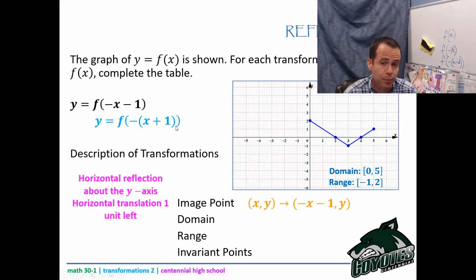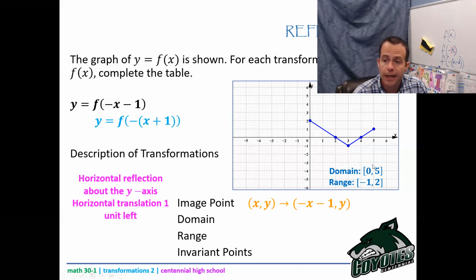That's what this x plus 1 is telling me to do. The x plus 1 is telling me to go to the left 1, and so that's why I see that here, to the left 1. Mapping rules are always done exactly as the mathematics would want you to do it, and visually it tells you exactly what you're doing. There's no interpretation involved.